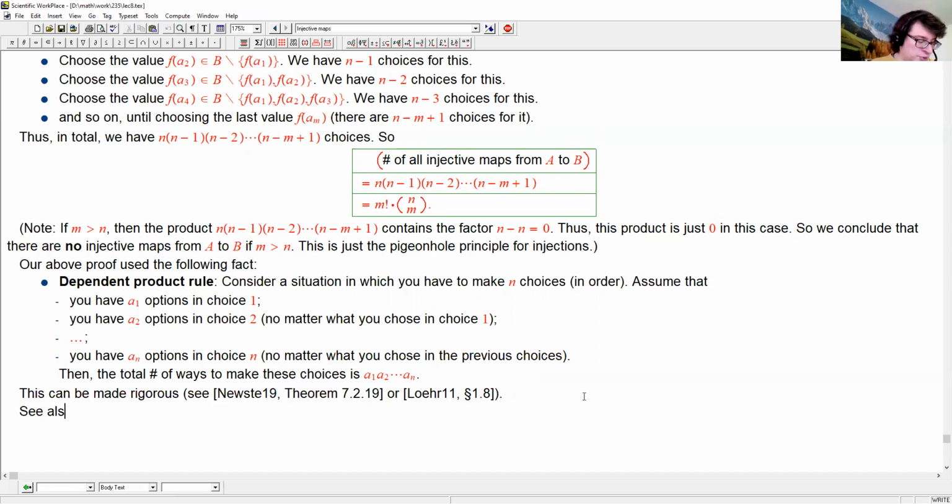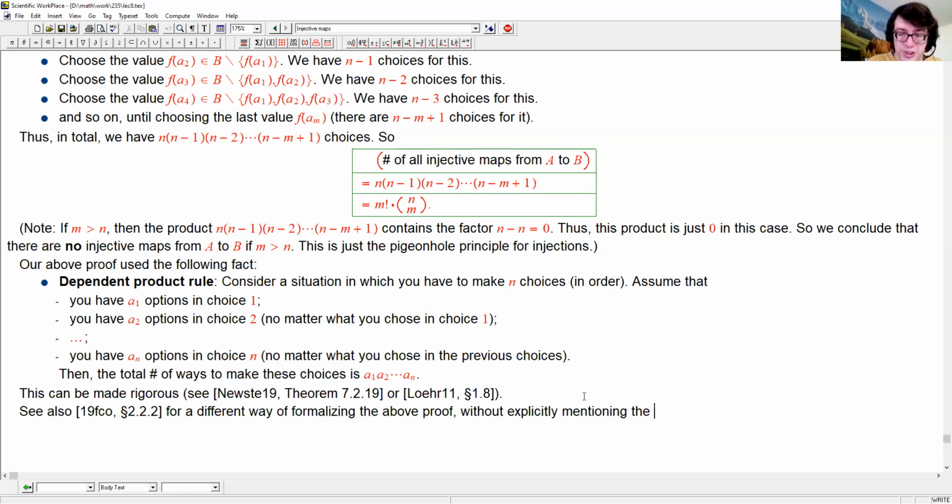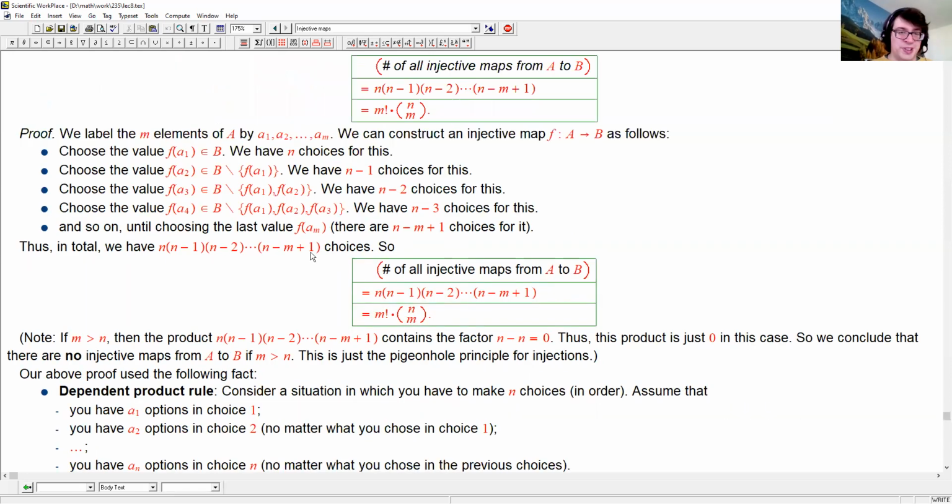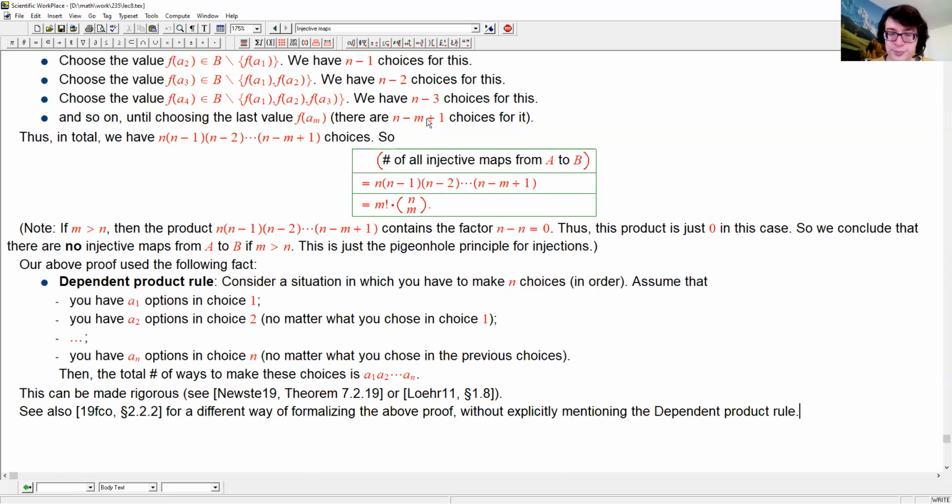So see also another reference, for a different way of formalizing the above proof, without explicitly mentioning the dependent product rule. The trick is instead of speaking of choices and a sequence of n choices, you just do induction on m. But it boils down to the same argument.